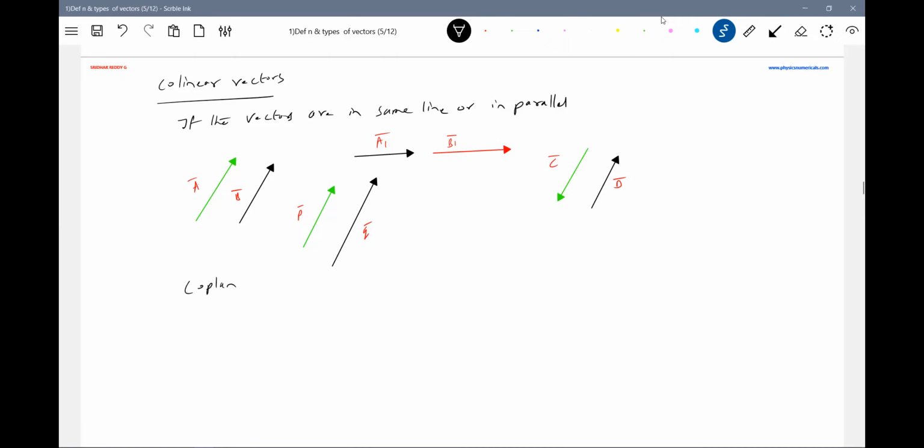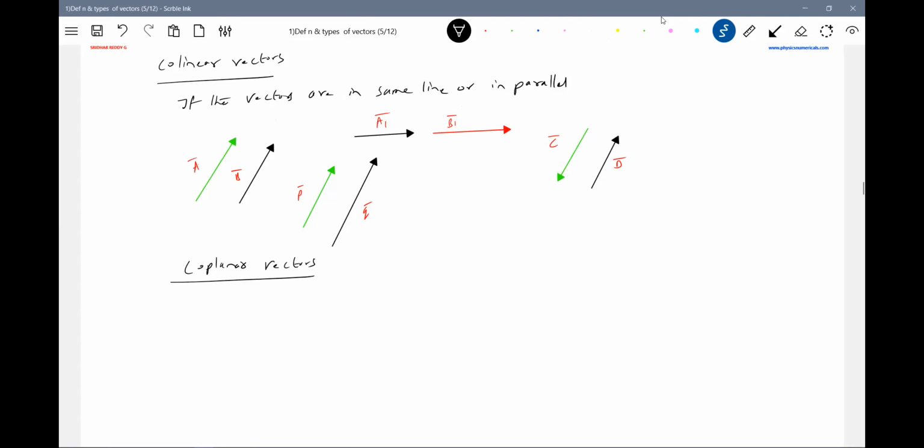Coplanar vectors: vectors lying in the same plane. Three or more vectors lying in the same plane are said to be coplanar.